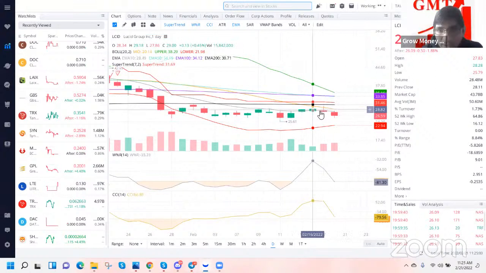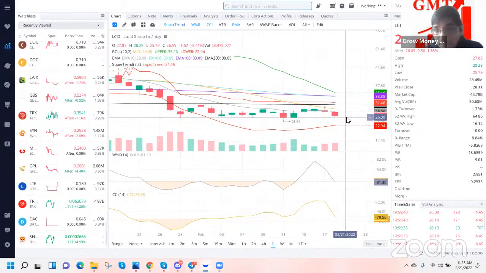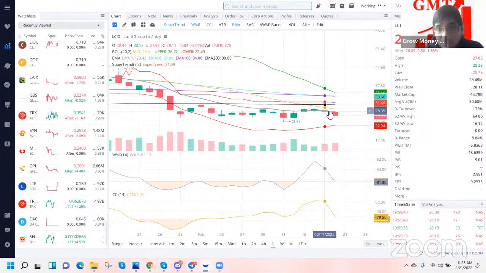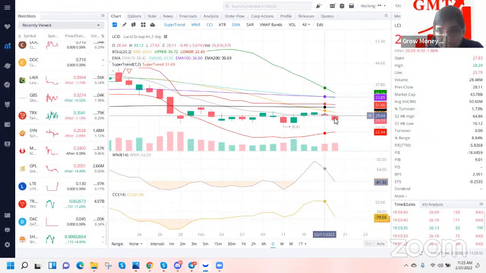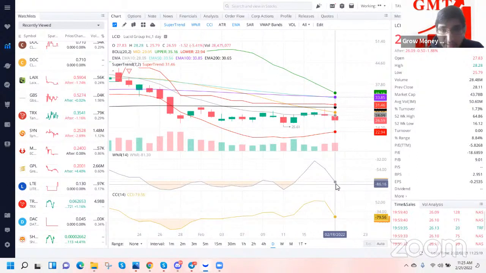So Lucid, it had touched the mid Bollinger Band and has reversed down. Again, the last two candles, since the second last candle, as you can notice, is a gravestone. Downward trend you would have already expected. The indicators are also down.